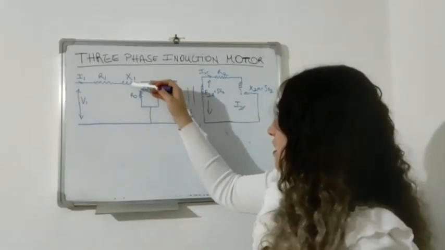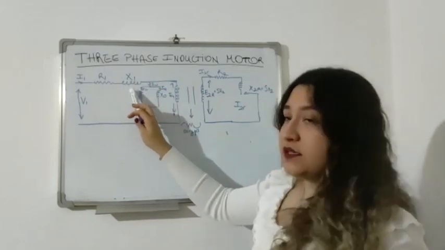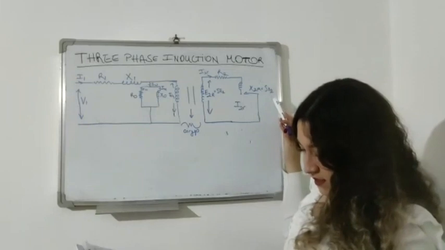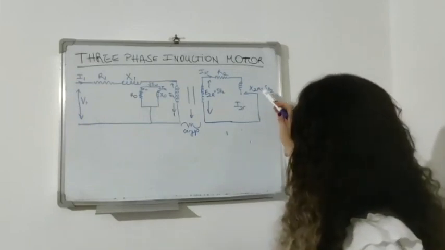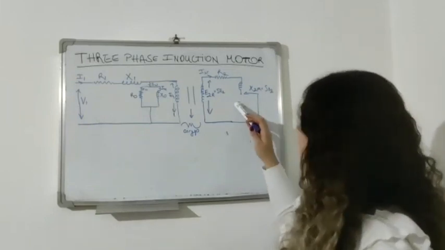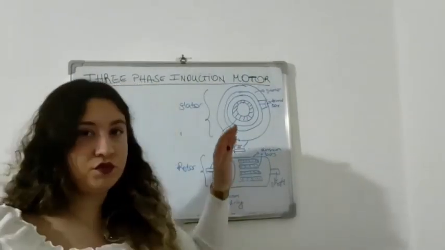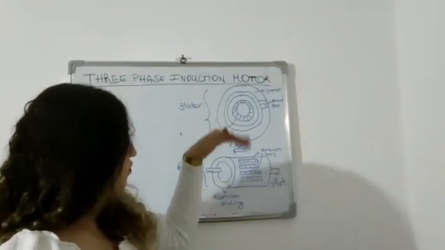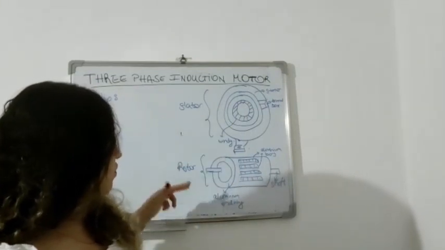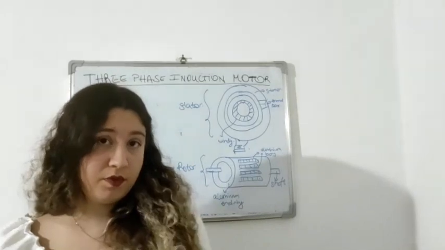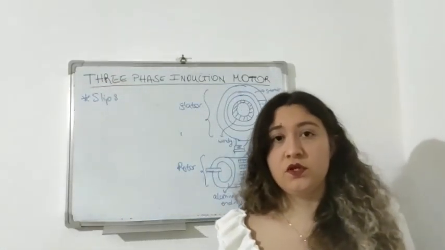Here we have the stator reactance, and this one is the rotor reactance. And we have SX2, the relation between them. Now I drew the parts clearly, and you can see the stator and rotor.